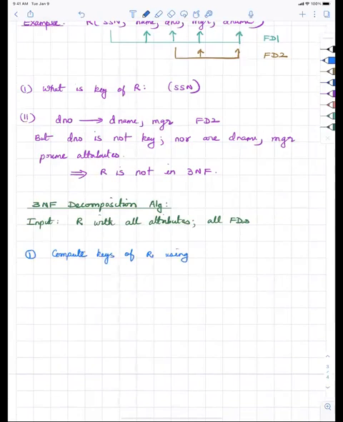Using the closure property that we did in the last class. So compute all the keys of R, because if you have candidate keys, those are keys too. So compute all the keys of R using the closure property of FDs.